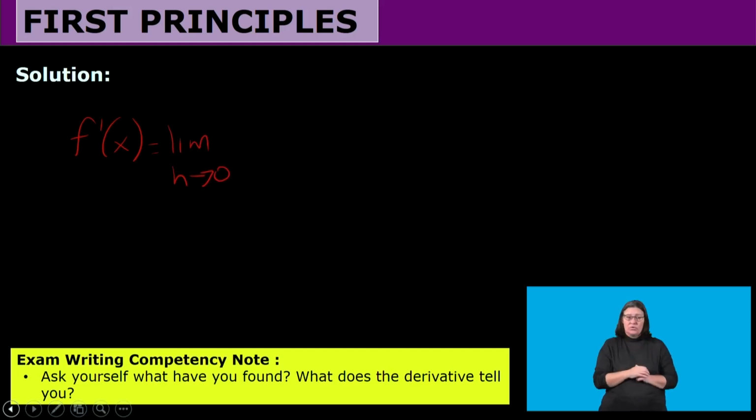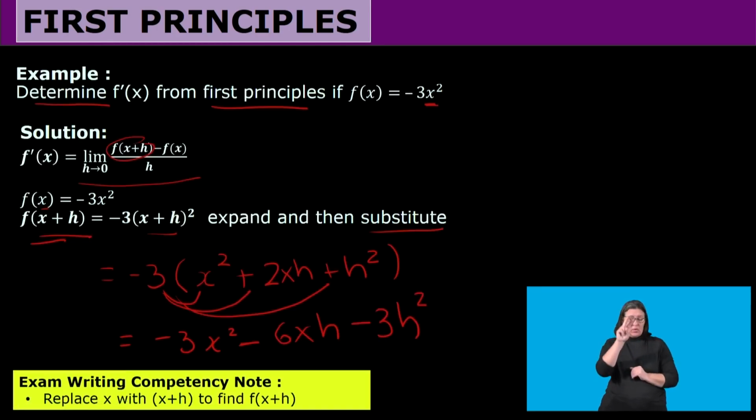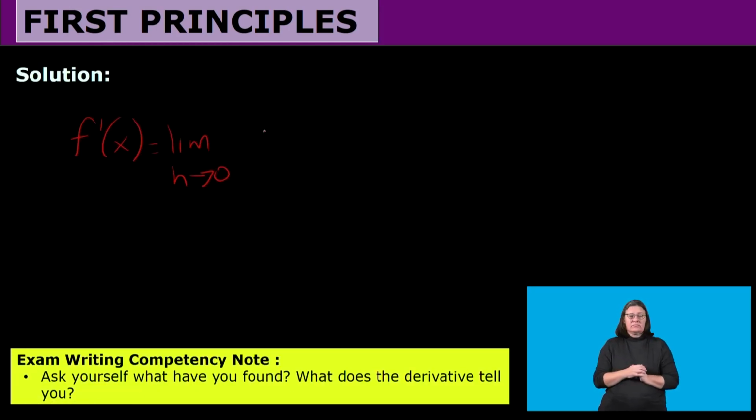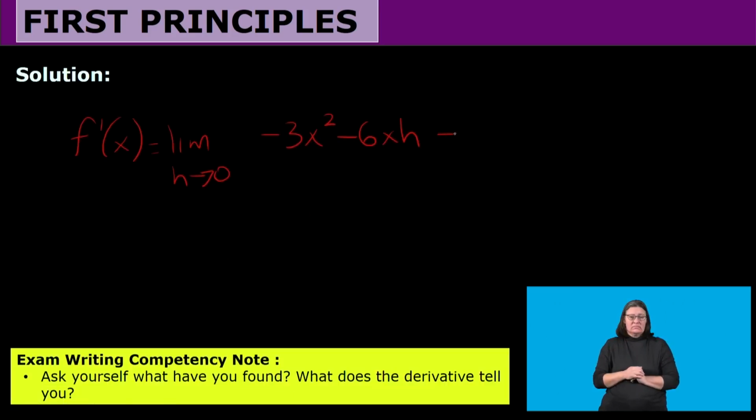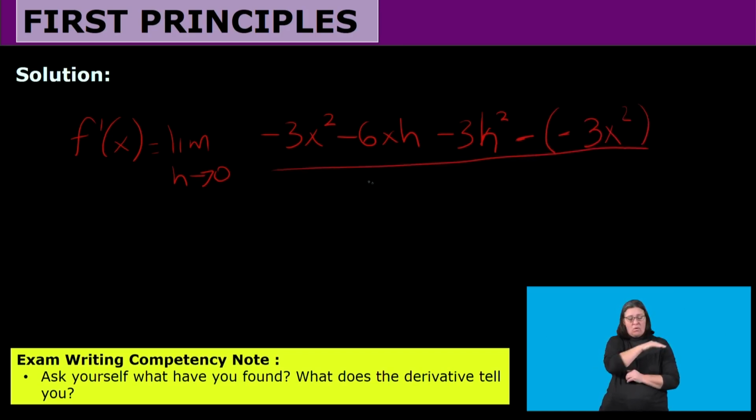Remember what we saw: f of x plus h was minus 3x squared minus 6xh minus 3h squared, and then we said minus f of x, and f of x itself was negative 3x squared. And this whole thing is all over h.